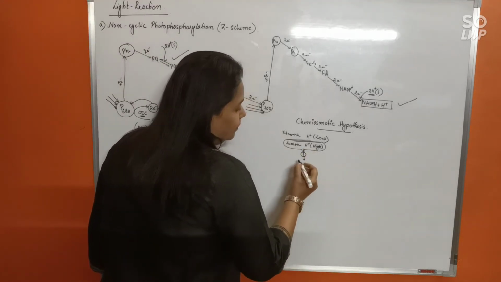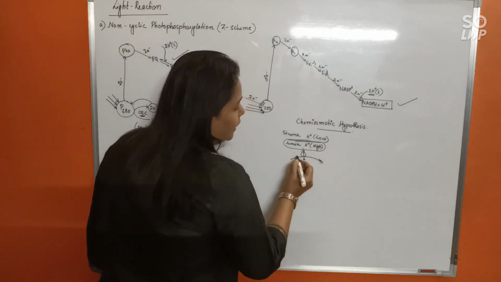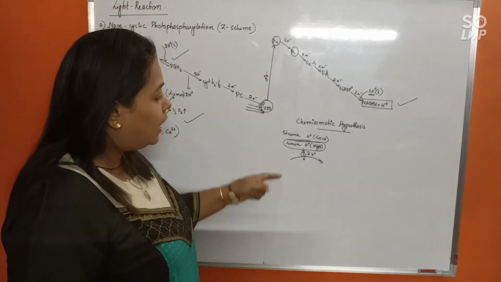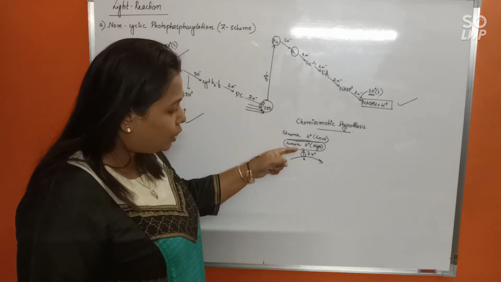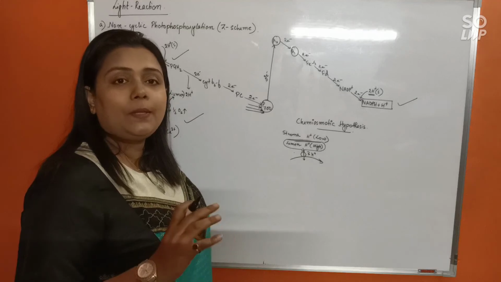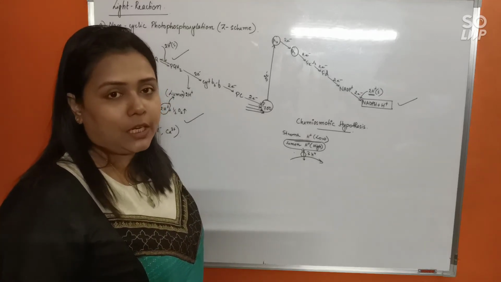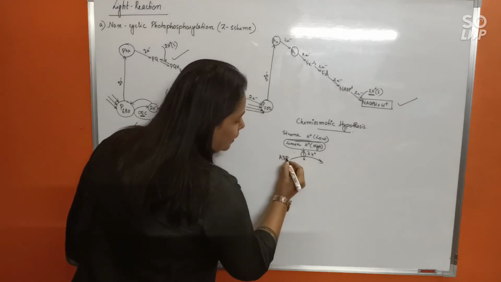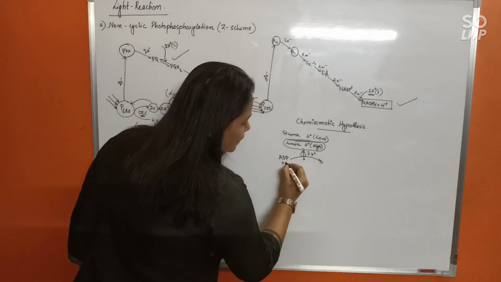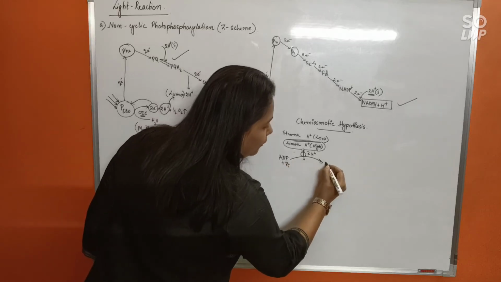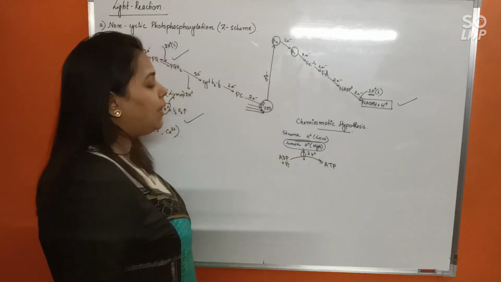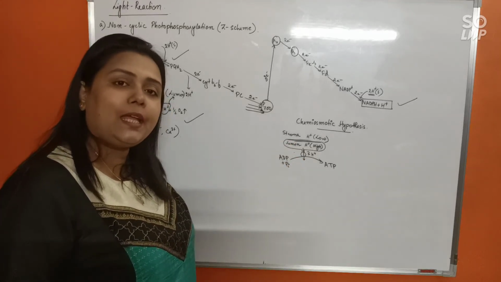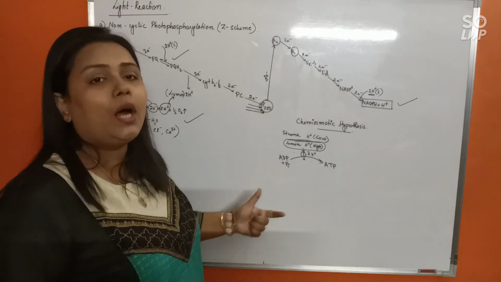Every time 3 protons are pumped through the ATP synthase, as it is passed from F0 unit to the F1 subunit, there will be certain conformational changes that would take place, due to which one ADP plus inorganic phosphate will combine and form an ATP. So every time 3 protons are pumped through the ATP synthase, one ADP will be converted to one ATP.